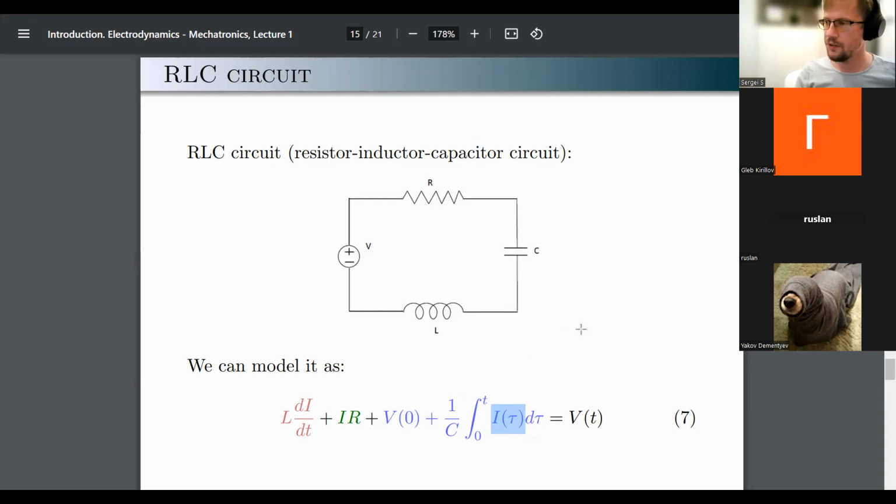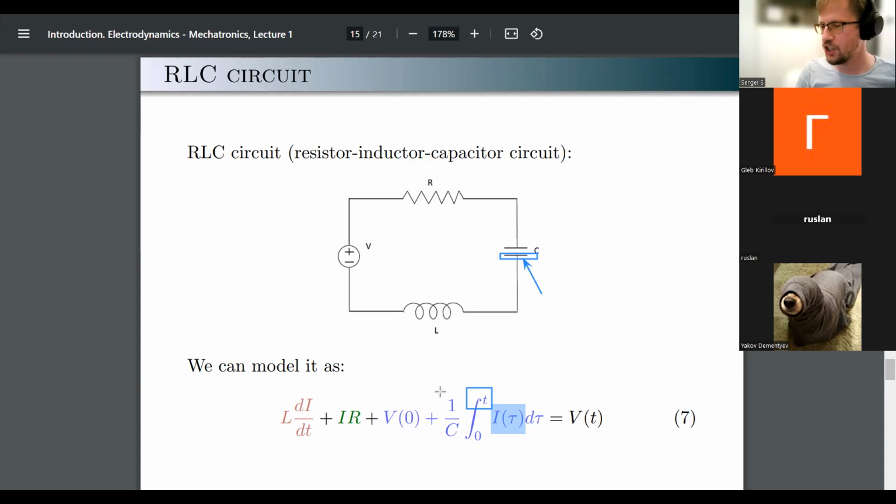You can say we integrate how much charge approaches, let's say, this plate of the capacitor per unit of time. What we get as a result is the charge that accumulated on this plate over the entire time that we are simulating.